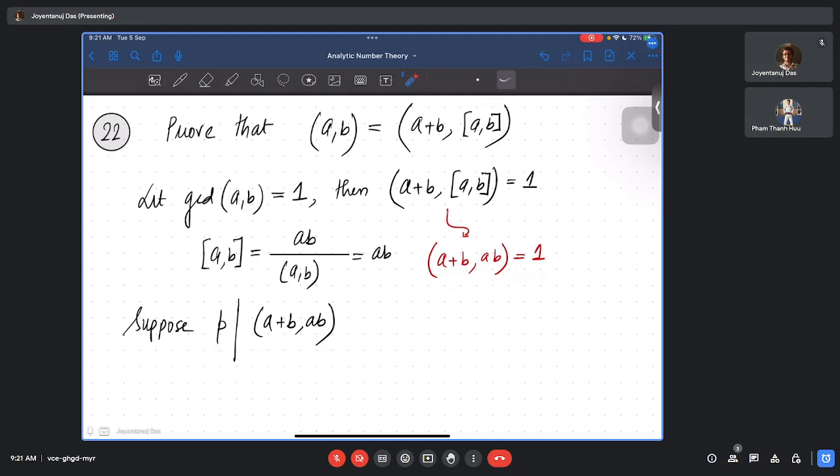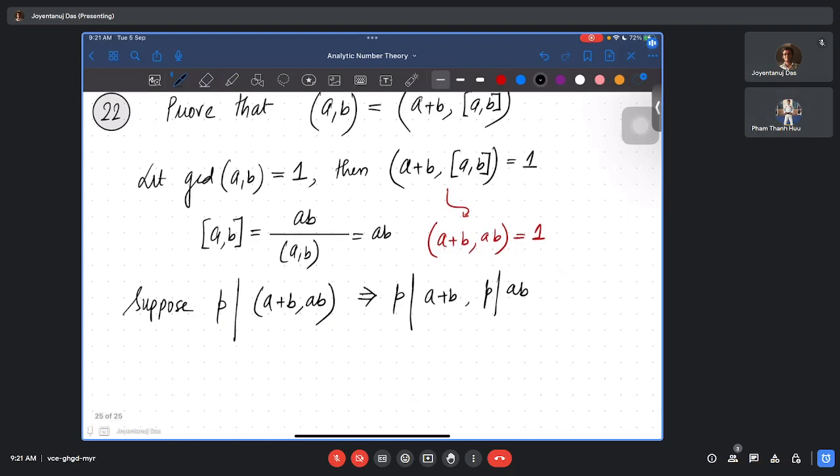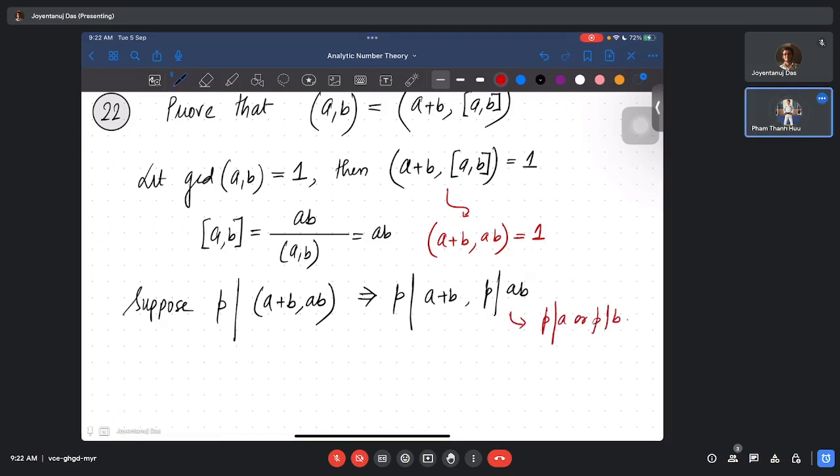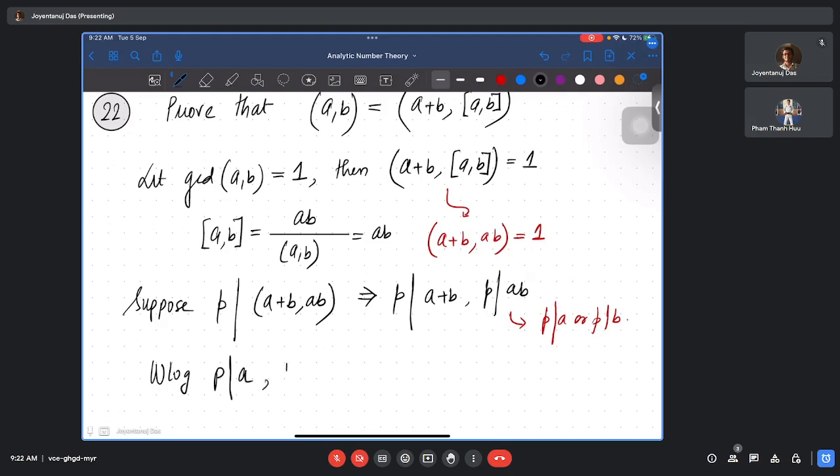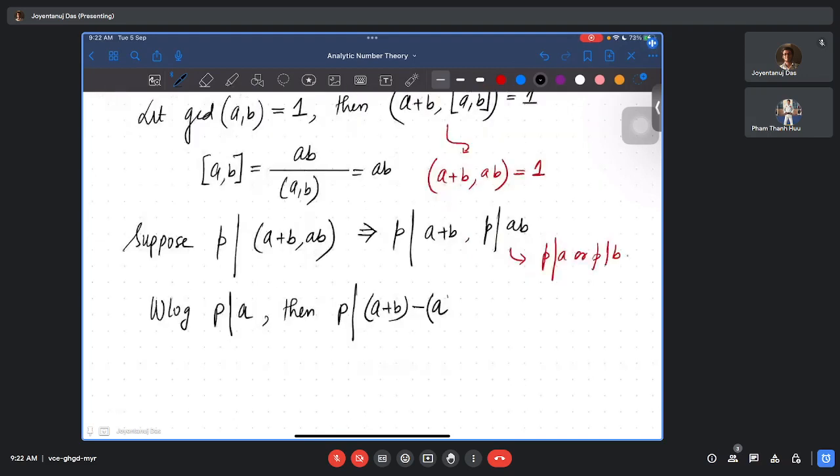So P divides A plus B and P divides AB. Since P divides AB, by a property, P divides A or P divides B. Without loss of generality, suppose P divides A. Then P divides A plus B minus A, because P divides A plus B and A individually.